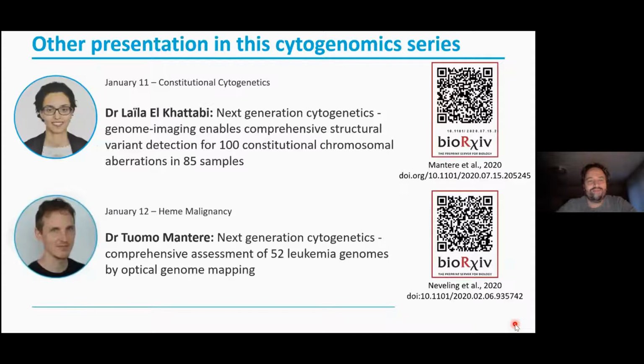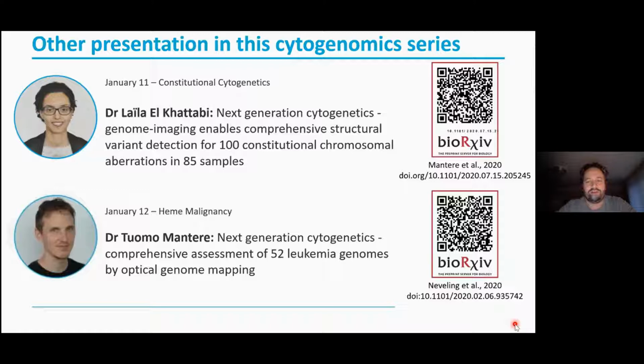Just getting back to the very first two points, our clinical utility studies and the proof of concept studies we've done so far, two of my great collaborators are presenting that work in this cytogenomics webinar series. That is Dr. Leila El-Khattabi talking about constitutional aberrations in 85 samples, and my former postdoc and now independent scientist in Oulu, Finland, Dr. Tuomo Mantere, will present our work on 52 leukemia genomes.